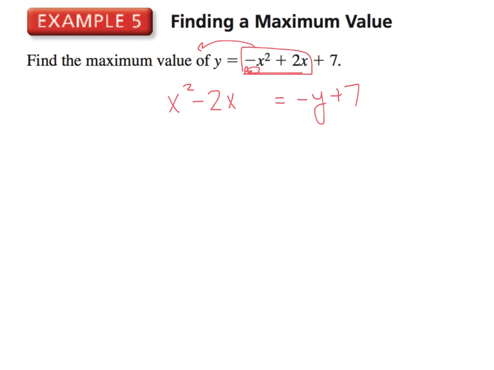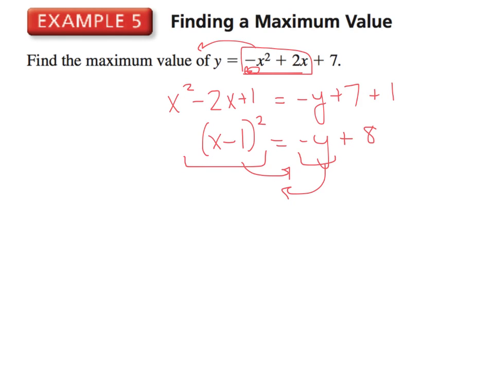I then complete the square. Half of negative 2 is negative 1. Squared is positive 1. That means I add 1 on both sides. I now get x minus 1 squared equals negative y plus 8. I now do the switcheroo. I move this entire thing over to the right, and I move the negative y back to the left because I want to solve for y.